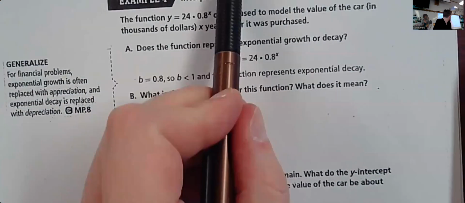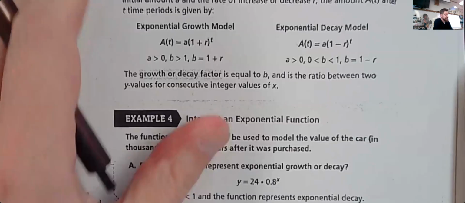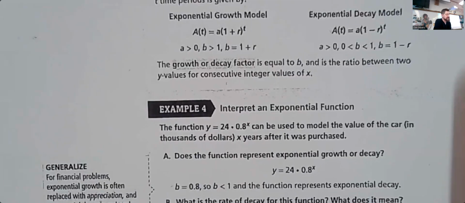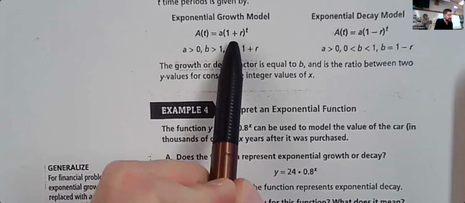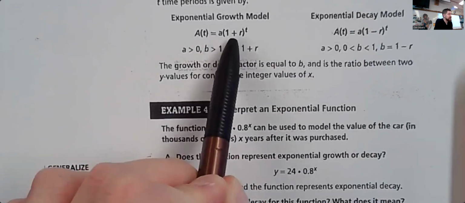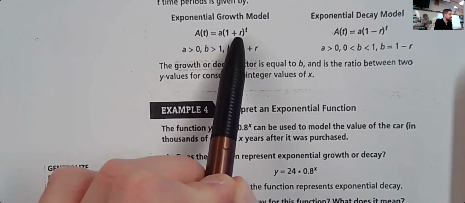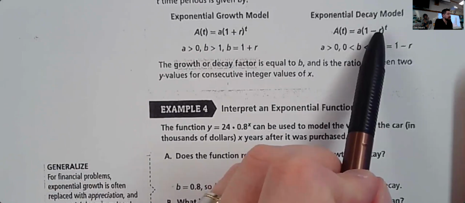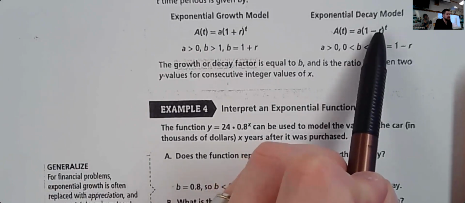So, by the way, this is what we just used. Anytime you're talking about exponential growth, the growth rate, you always add 1 to it, and that gives you the growth factor. That's the value of B. Whatever the rate is, add 1 to it. If it's decay, take the rate away from 1, and that'll give you the decay factor. That's exactly what we just did on the previous page.